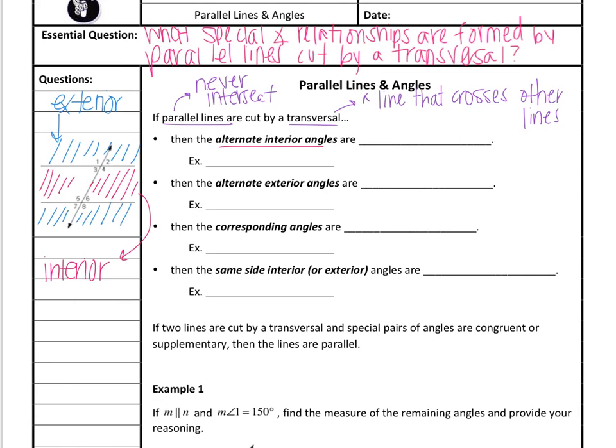So if we have parallel lines cut by a transversal, then the alternate interior angles are congruent. Now, if we're talking about interior angles, then that means we need to be on the inside of our parallel lines. And then to be alternate, that means alternating sides of the transversal.